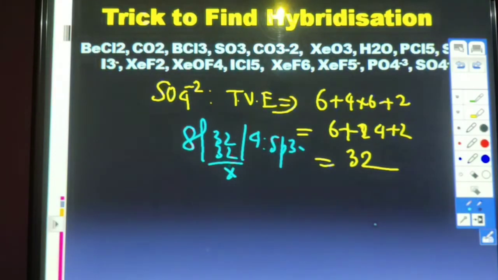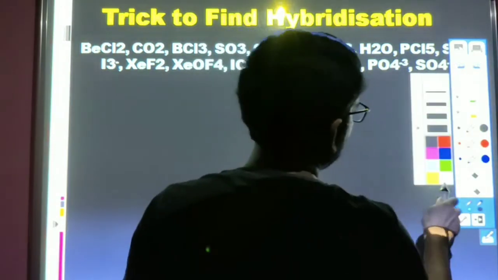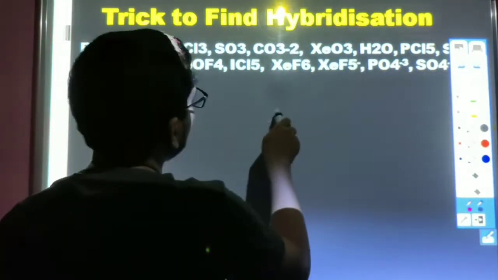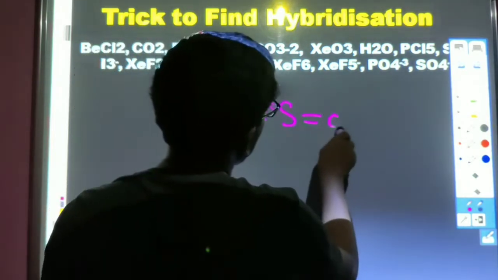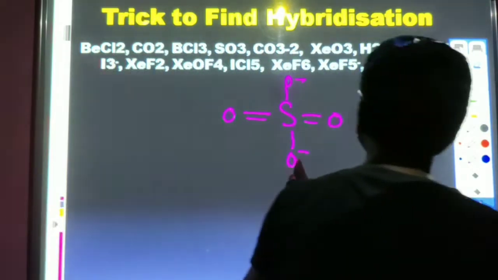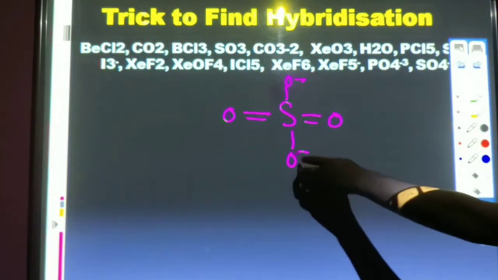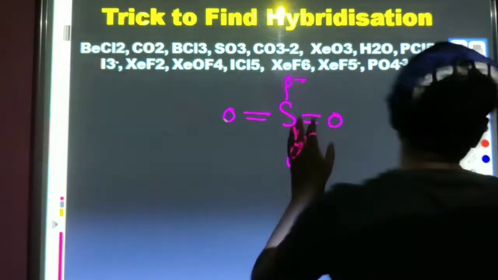Now I am going to show you the Lewis structure for SO4 minus 2. Okay, this is sulfur, double bonded oxygen, single bonded oxygen. If oxygen forms one bond with sulfur, then it will carry formal charge -1. This oxygen also carries formal charge -1.